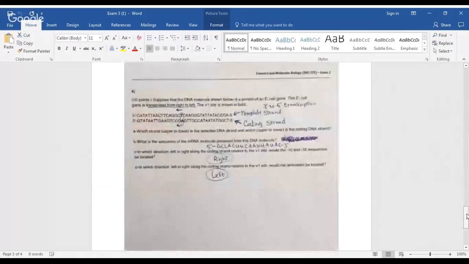Okay, so for part 4, this one is asking us about transcription. Which strand is the template and which is the coding strand? So I said that the bottom is the coding and the top is the template strand.